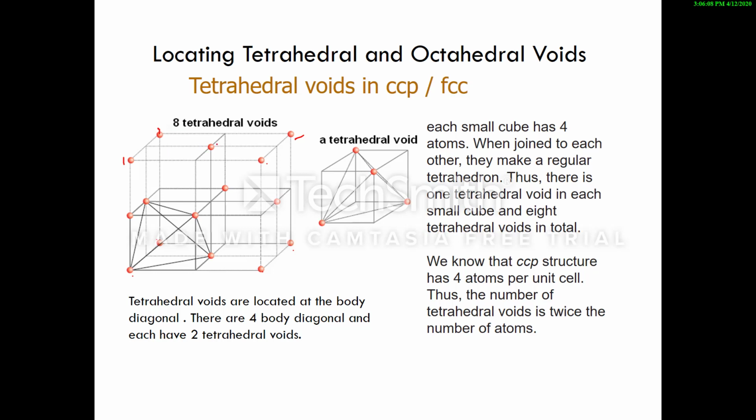This is one face center, this is another face center, 1 2, clear. Then this is 3, then face center is 3, this is 4, this is 5, and this one is in front, this is 6. These are the face centers, 1 2 3 4 5 and 6. That's why this is FCC.